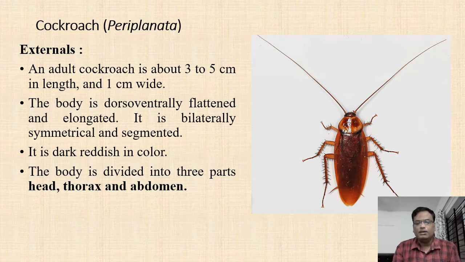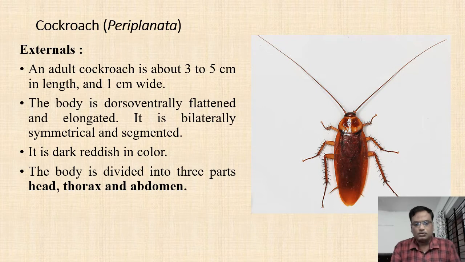They are available plenty in our houses, bakeries, hotels, etc. You can easily collect them, and it is very easy to dissect this organism, and you can easily understand different organ systems like digestive system, respiratory system, nervous system by dissecting this animal. So therefore cockroach is normally studied as a type animal in almost all universities by the zoology students.